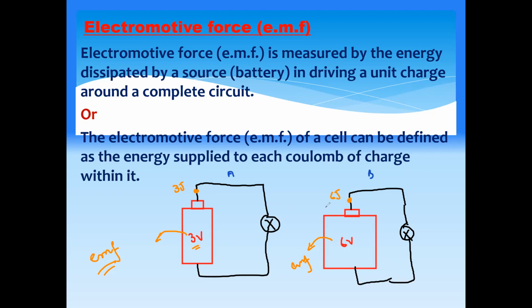In B the charge has more energy, so when the charge has more energy, the lamp will be brighter in circuit B, and in circuit A the lamp will be dim.